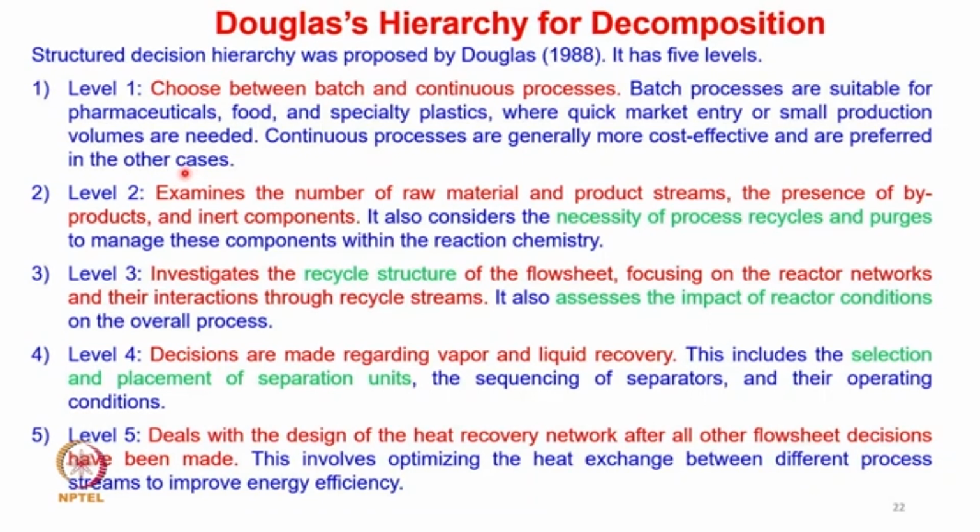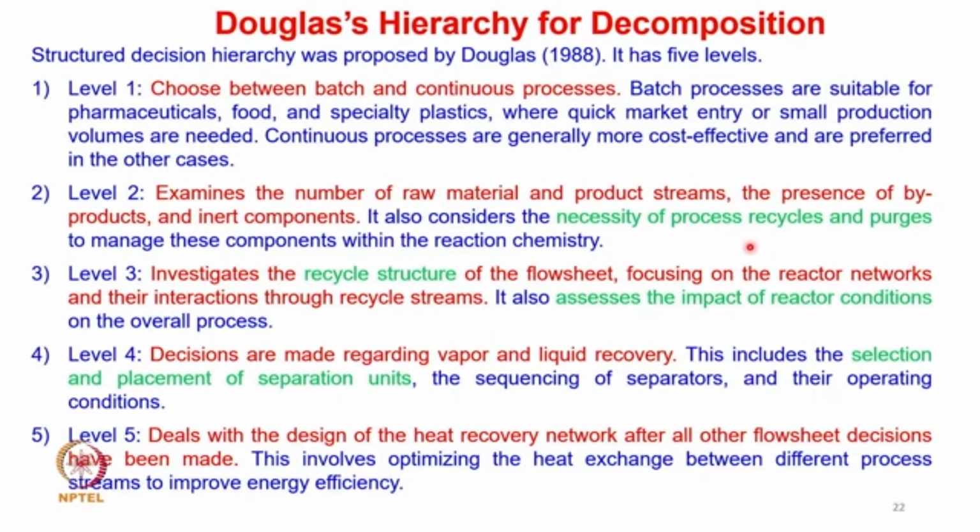In level 2, we examine the number of raw material and product streams, the presence of byproducts and inert components. It also considers the necessity of process recycle and purge. Depending on what type of raw material we are using, it gives the information on whether recycle and purge are required or not.